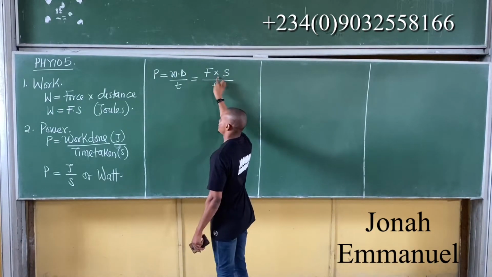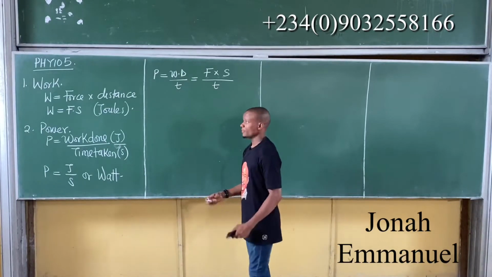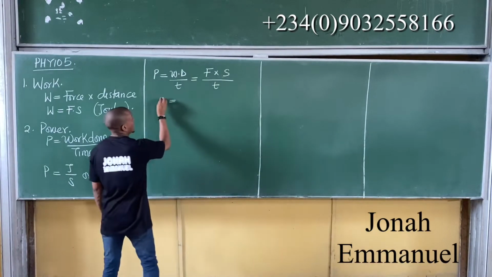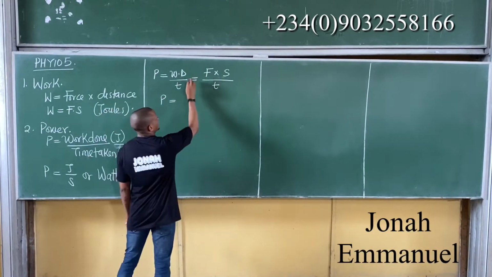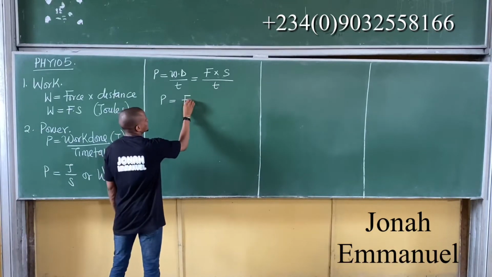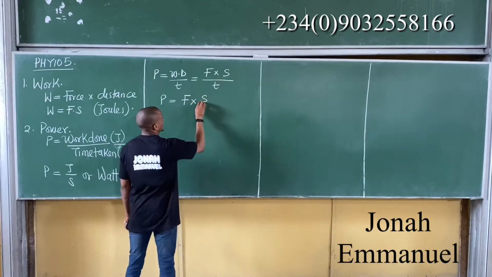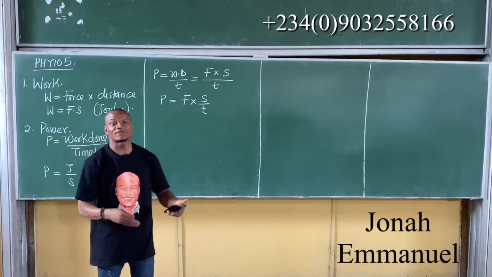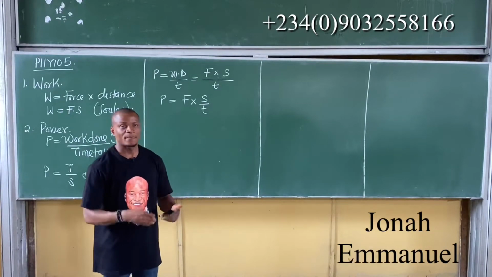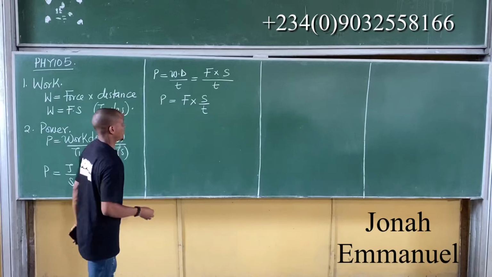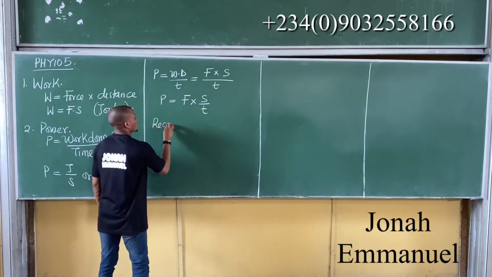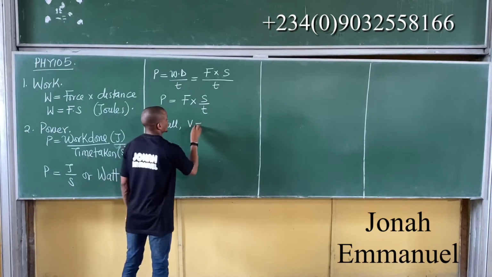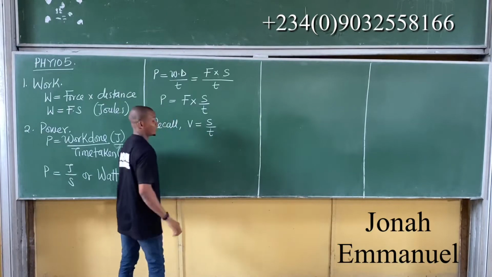Shifting the force out, this becomes force times distance over time. Since the distance is in a specified direction, we can call it displacement. Recall that speed, or rather velocity, V, is equal to displacement over time.